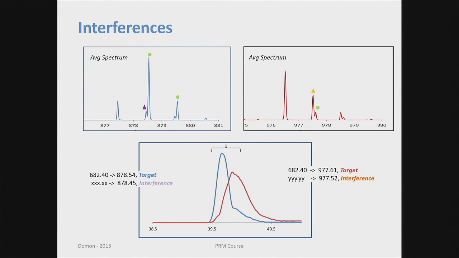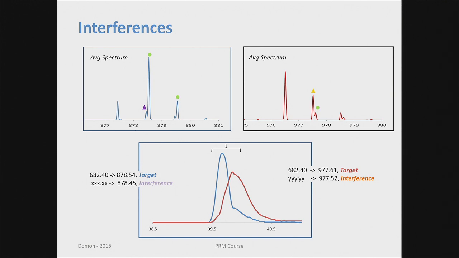And I have a second ion which actually is a little bit of an impurity here. You see even that peak here has already an impurity, and this is even with better resolution. If I look at the second trace here, the target, which is the green one, is actually the minor component here, and it's dominantly this interference here, which is the C13 of that other peptide coeluting here, right?